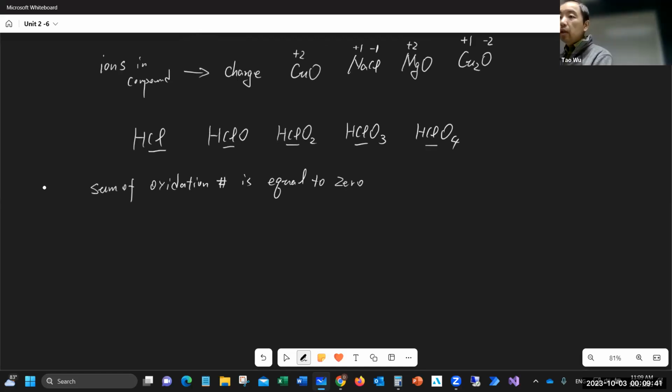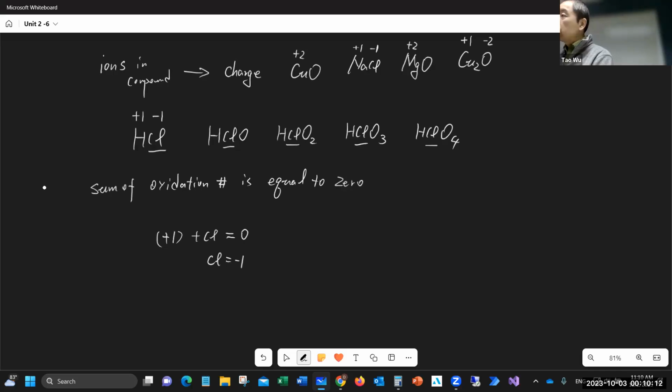You see, the first one, hydrogen, we know is +1. And if you don't know the oxidation number for chlorine, then you know the sum should be equal to 0, which means +1 plus the oxidation number of chlorine should be equal to 0. So 1 plus something equals 0. So obviously chlorine is -1, right? So that's why this guy's oxidation number is -1.